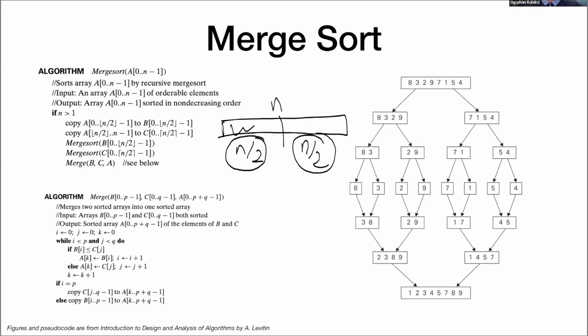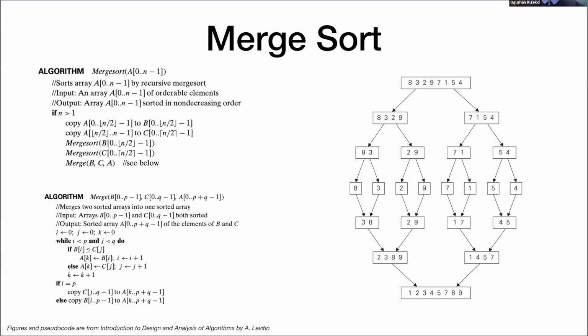At the end, if I have the answer for those partitions, I have n over 2 sorted elements here and n over 2 sorted elements here. But there should be an additional step to reach the final result, right? I need to merge them.